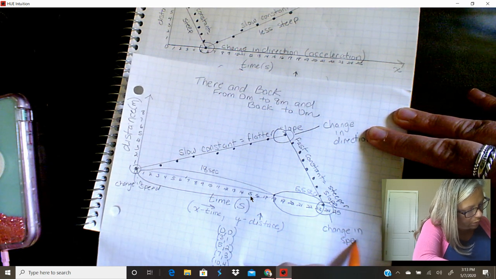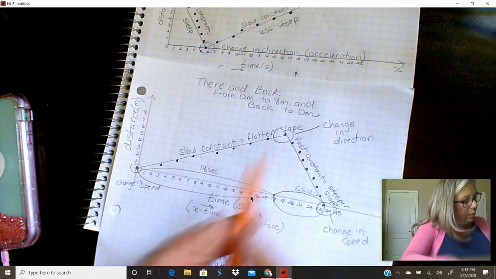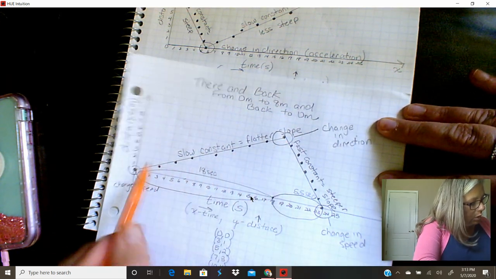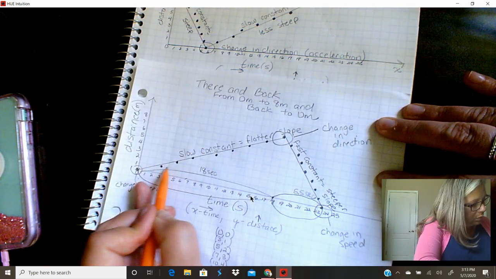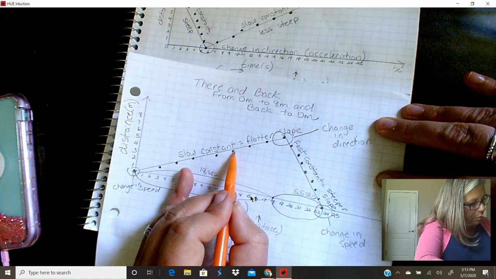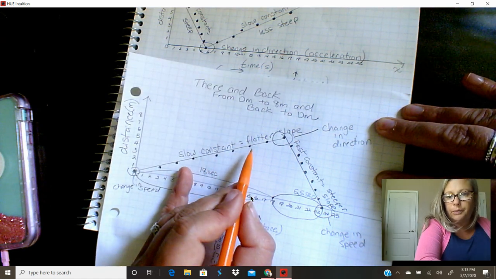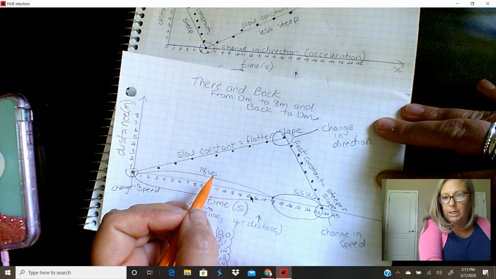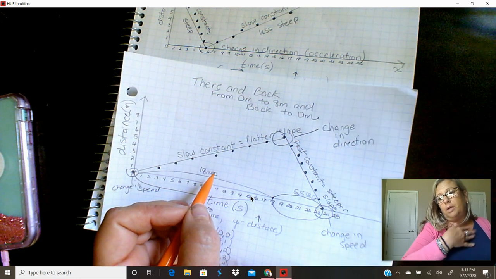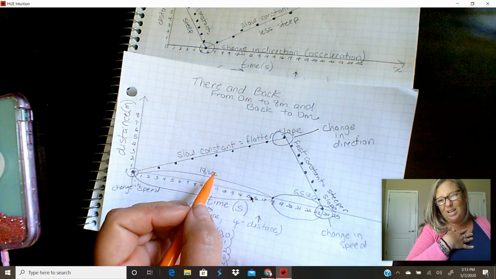Now, when you're looking at the graph, we were trying to keep it constant. Do you see that? But Nick really didn't. So any place that the diagonal isn't perfect would have been a slight change in speed, or else it would have been a mistake with me collecting the data. Does that kind of make sense?